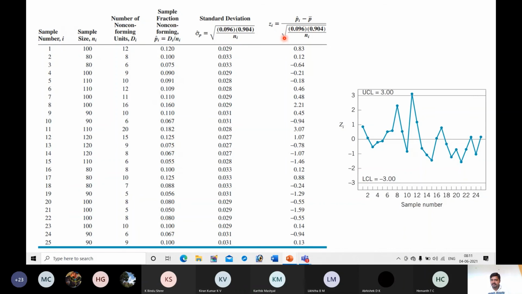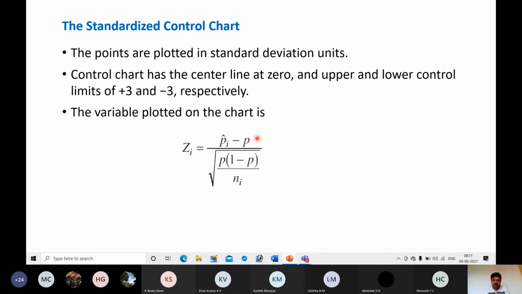In this equation, you can directly substitute these values if you find them for individual samples. If the P value is not known, then you can use P bar. You can take it as P bar.